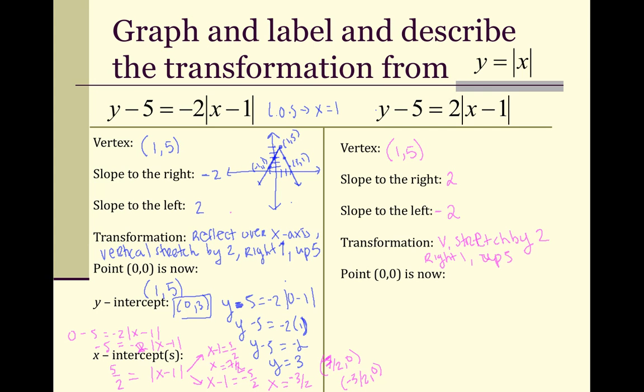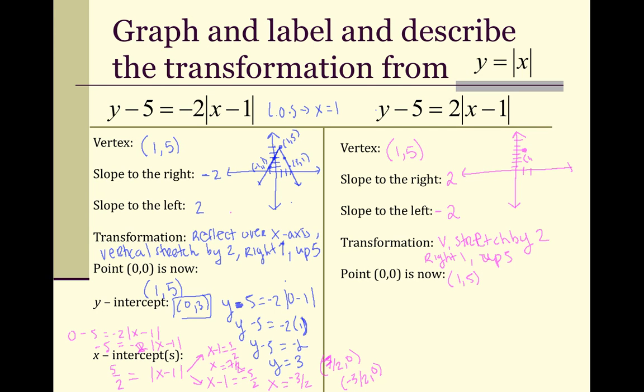The 0,0, just like it was before, is now the 0,5. I'm going to go ahead and sketch it up here just like I did. Right? And sketch and label, just to emphasize. So I'm going to go to the point (1, 5). But I'm going to go up to the right 1.